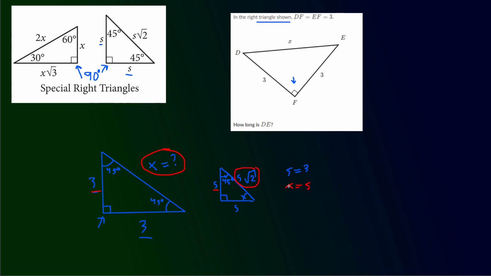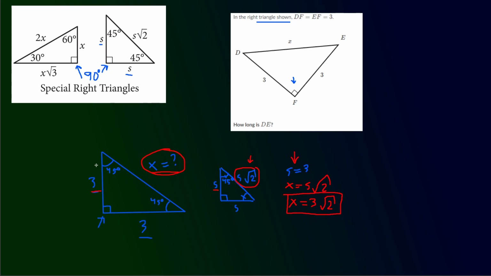X is not S root 3. X is S root 2, going with this pattern. So S root 2, so X is 3 root 2. Okay, that's the answer. Is that clear? So we used our picture, we set up an equation for the side that we know about, solved it for the S value, and then plugged that into the X equation.